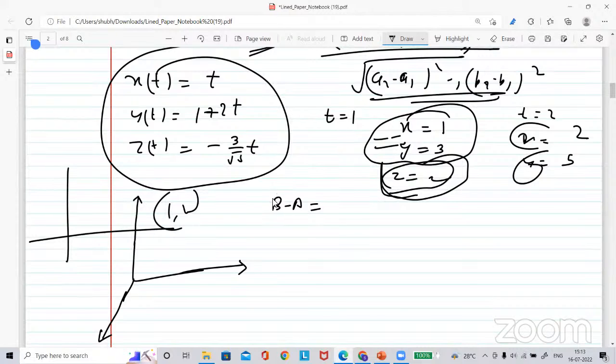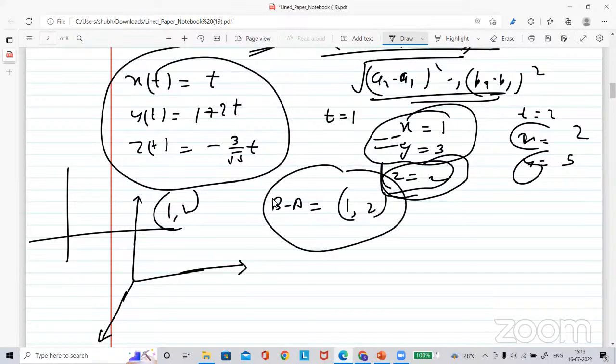This is going to be 1, this is going to be... yeah, it is giving the direction. Actually, z depends on it, but this time I'm unable to relate it.